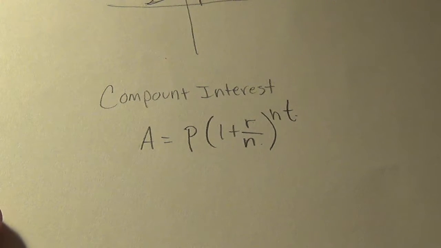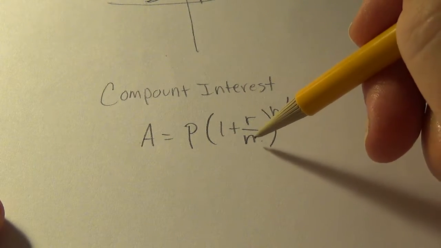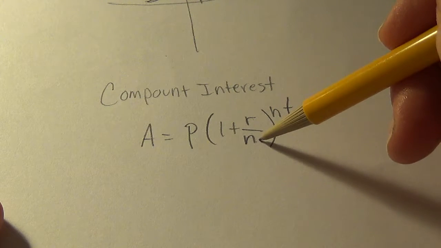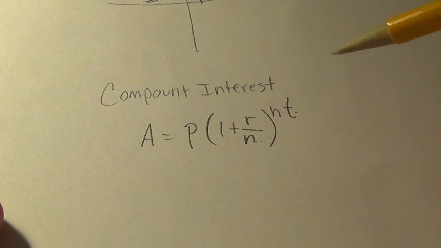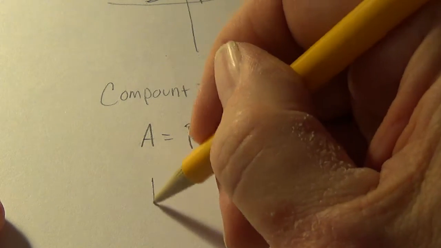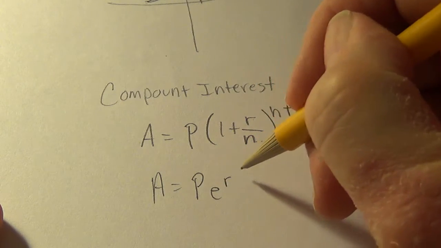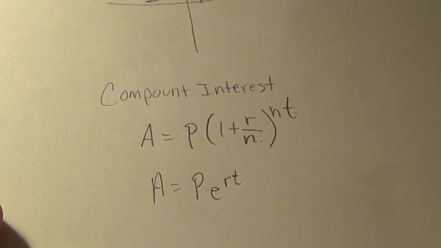So that's compound interest. Sometimes this n goes to infinity, and we're actually compounding the interest continually, and then we use this formula: principal times e to the rate of interest and the time. PERT.